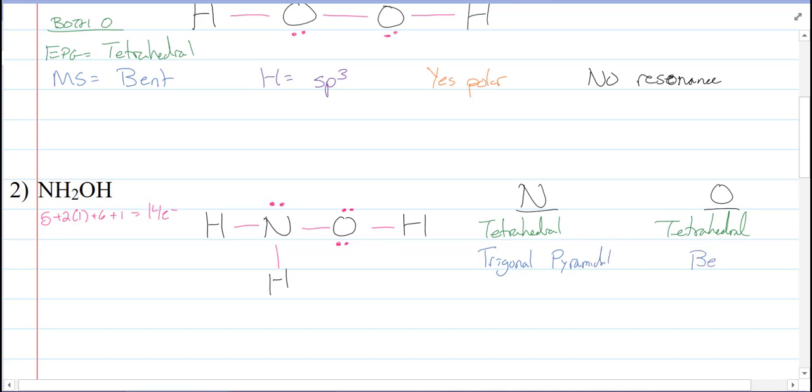Oxygen would be bent. They're both sp3. Polar? Yes, this would be polar as a molecule. So the whole thing's polar, and then the whole thing has no resonance because we cannot draw them another way.